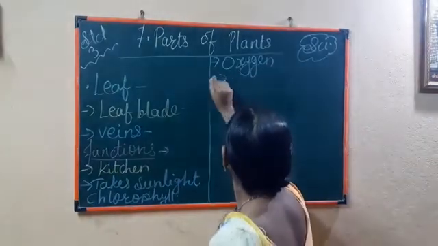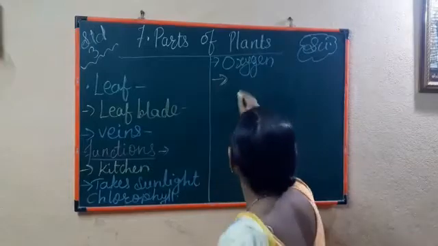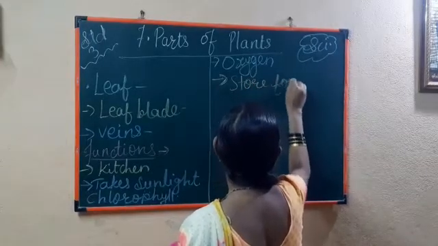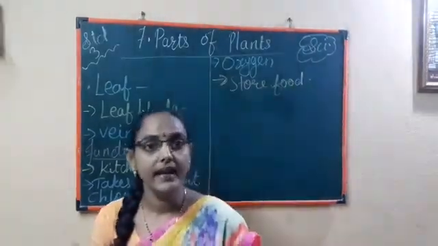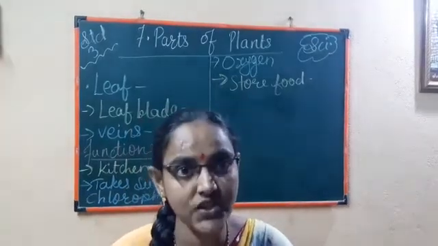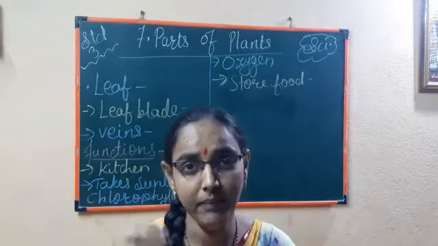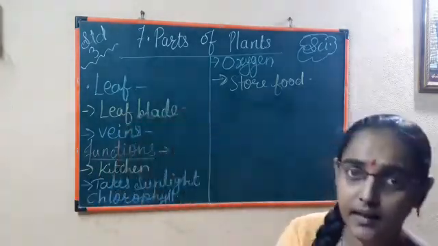Now the next. Some leaves store food. Some leaves we are eating, for example coriander, spinach. We are eating palak bhaji, that are nothing but leaves.